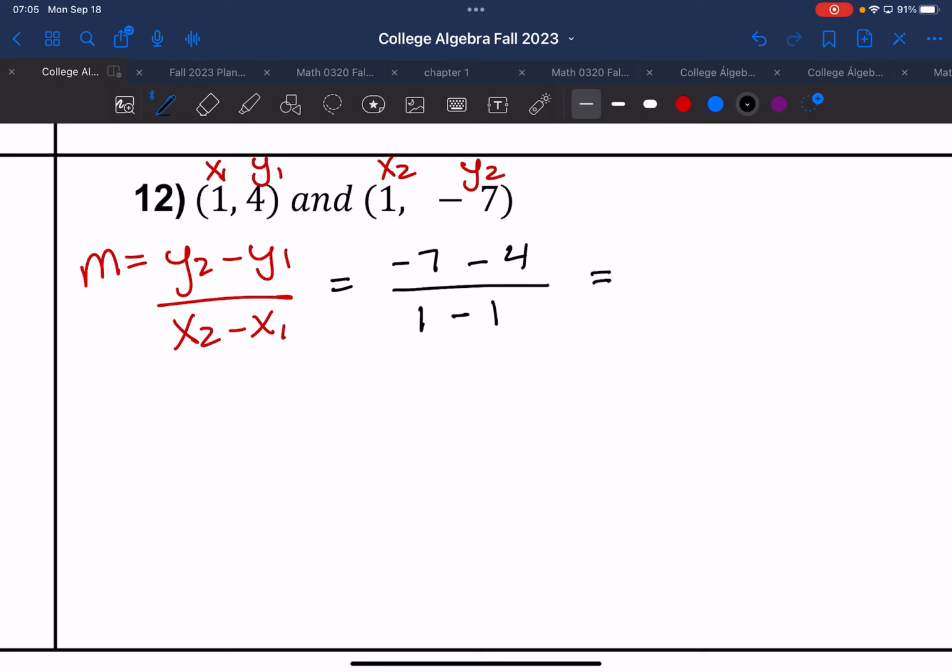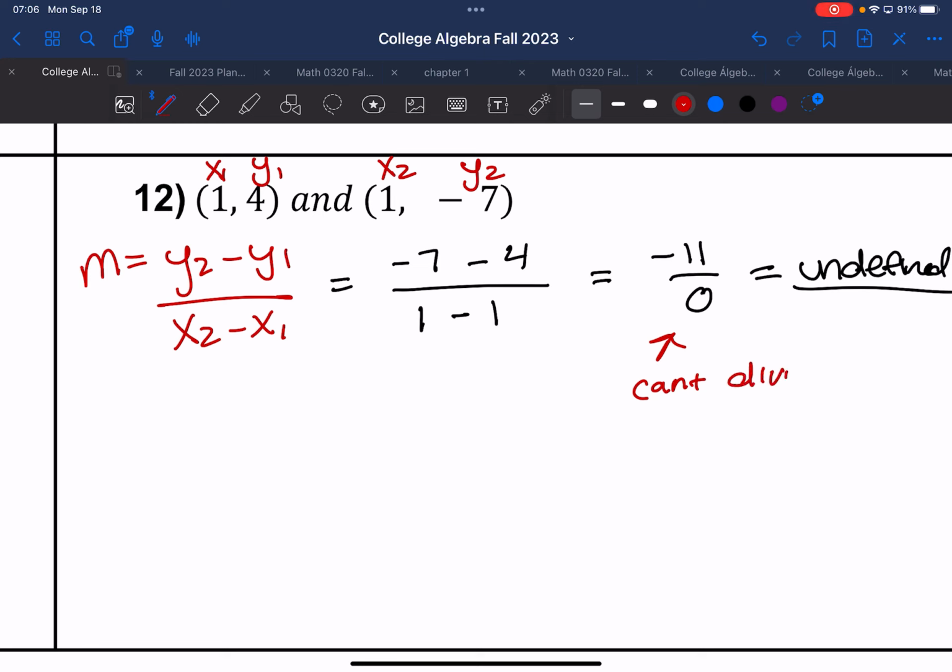Negative 7 minus 4 is negative 11, and 1 minus 1 is 0. So we know that this slope is undefined, because you can't divide by 0. And we also know that the graph of this looks like what? A vertical line.